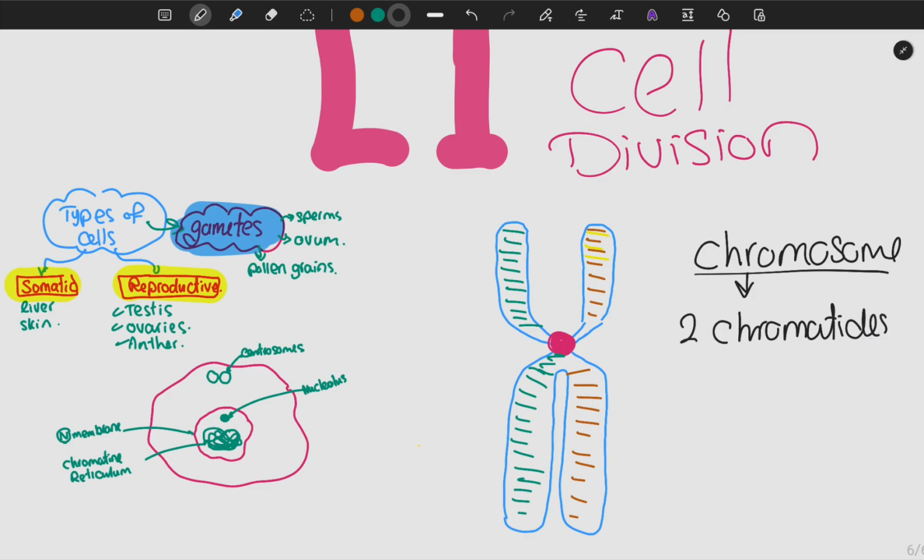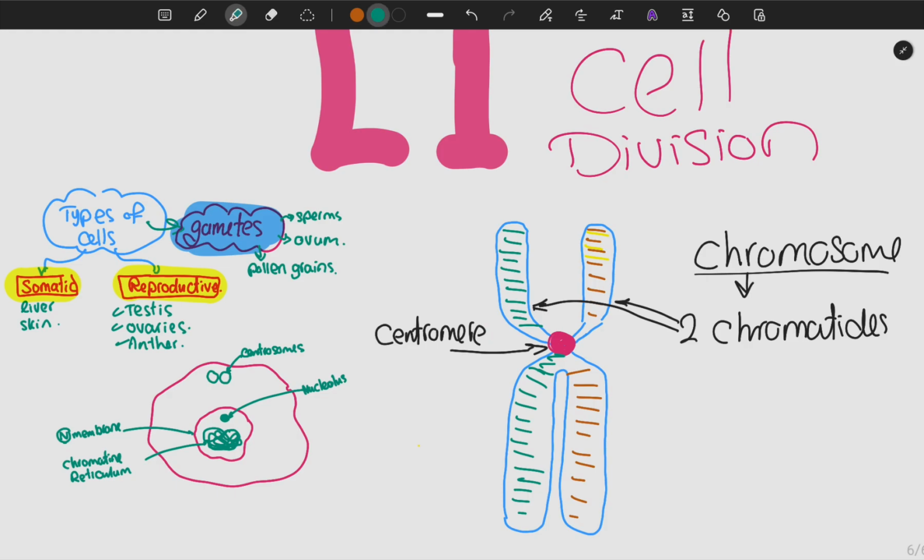Okay, so each chromosome consists of two chromatids. What are these two chromatids? The first one and the second one. Easy, I think it's easy. In the middle of the chromosome, we have a disc called centromere. Centromere. Okay, I think it's easy.